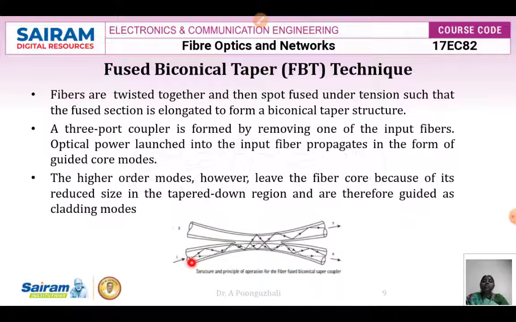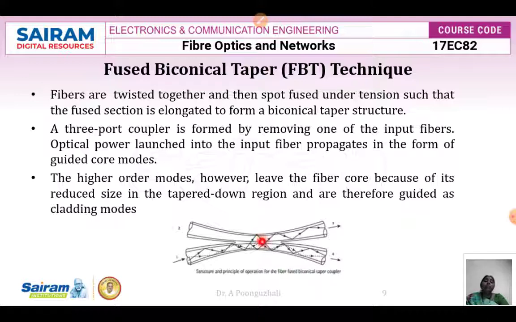So in this 3-port coupler, how we do it is, optical power is launched into this optical fiber. When the optical power is launched into this cable, by the principle of total internal reflection, the wave is reflected back. But at one stage the critical angle condition is not met, and as a result, due to the biconical structure, a portion of the wave will be refracted out of the core.